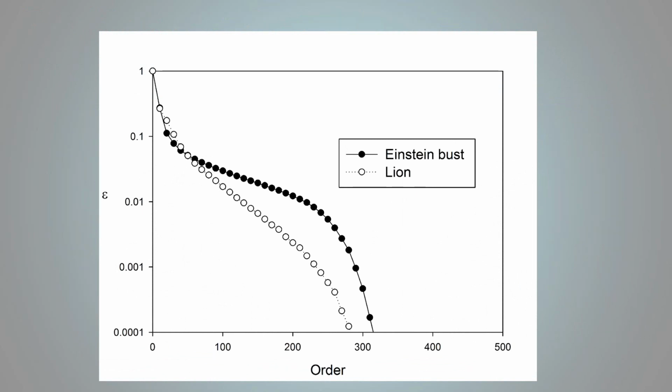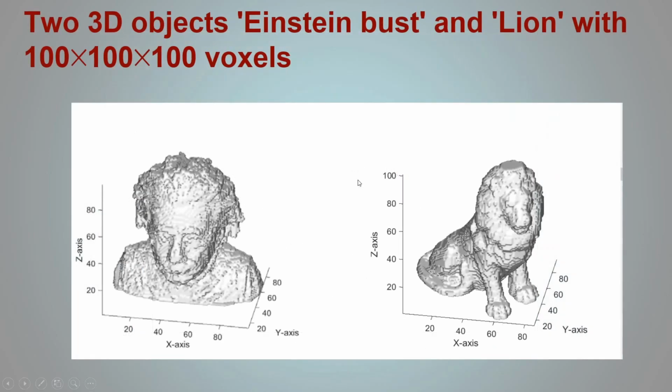After computing these moments, you can reconstruct the image from the computed moments. So this is the error rate for those 3D images.